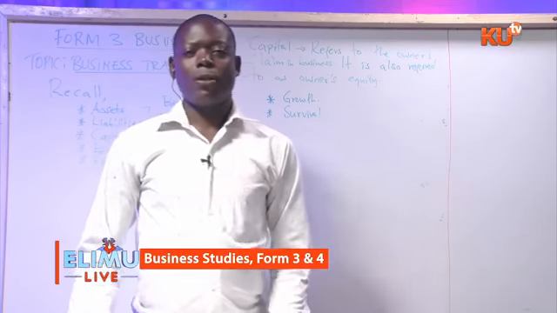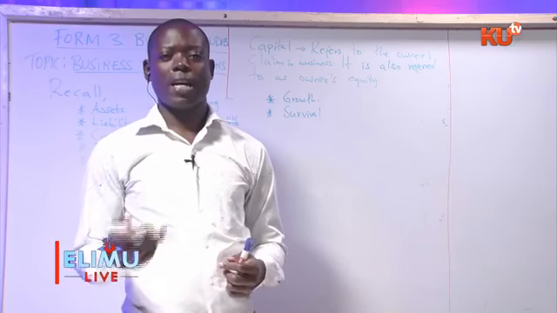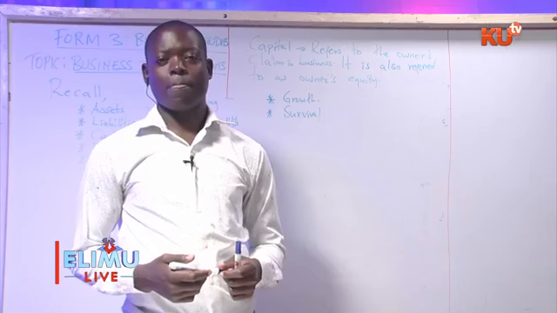And therefore, capital has to rise. When you start a business, it has to keep on rising for us to be able to say that your business is doing well.